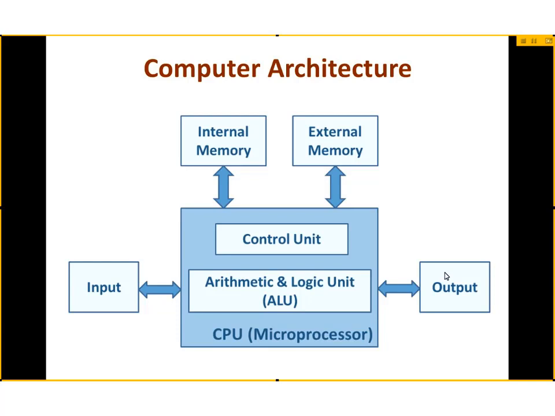There are certain types of memory that are built into the computer itself, what we might call internal memory, for storing information. And we also have various external memory devices that are either peripheral or associated with the computer in some way. We'll talk about each of these in a little more detail.